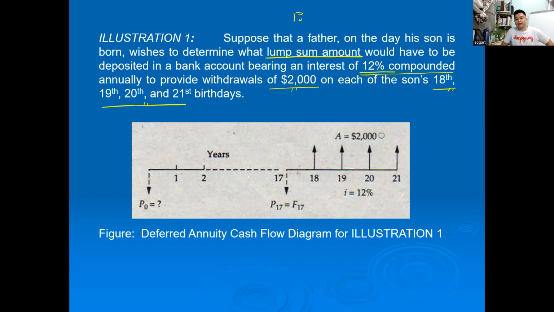So, isa-isayin natin. We are finding daw the present, yung lump sum amount, kinakailangan para makapag-withdraw nga yung anak niya ng $2,000 pagdating ng panahon. But before makuha to ng tama, kinakailangan ma-organize mo yung cash flow na to ng tama rin.